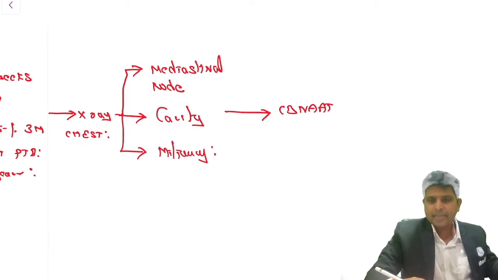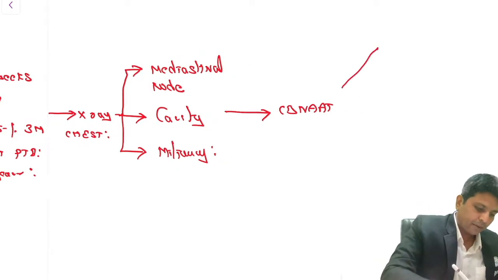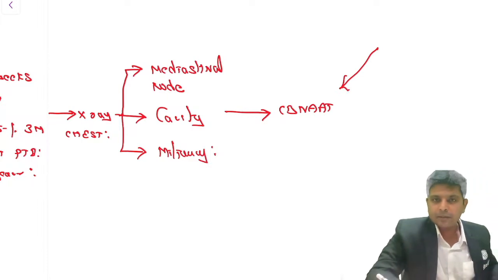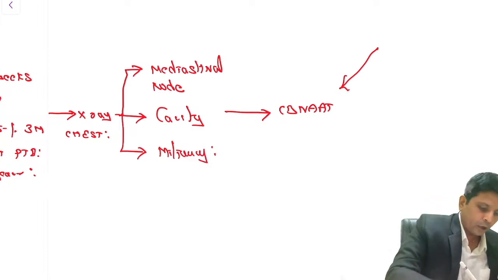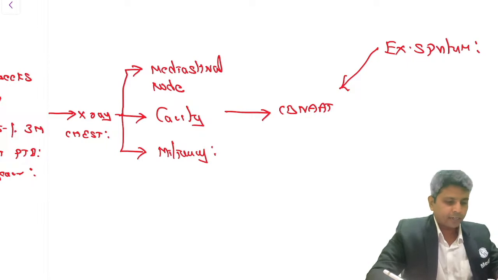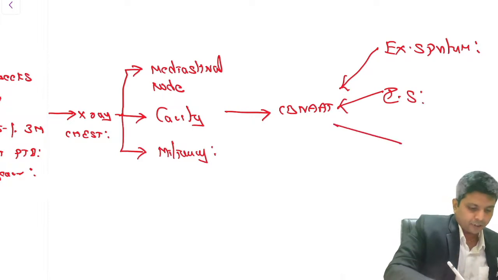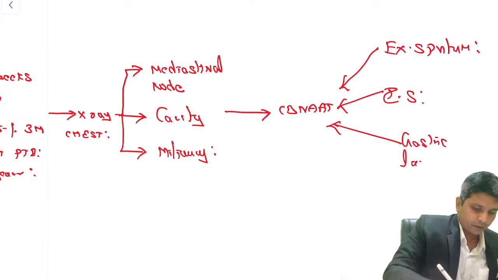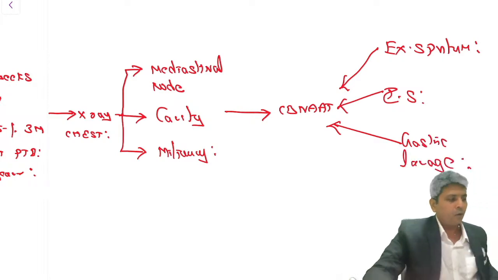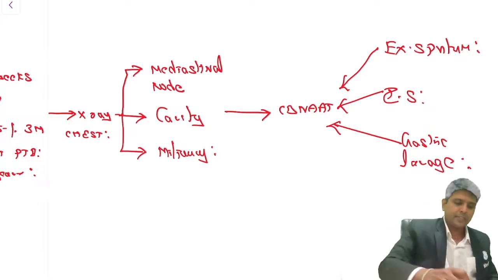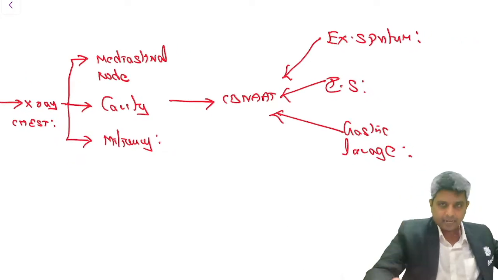So what are the samples that can be used for CB naught? One is expectorated sputum, second is induced sputum, third is gastric lavage.